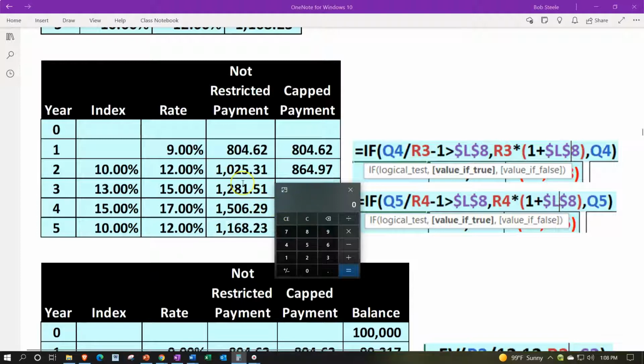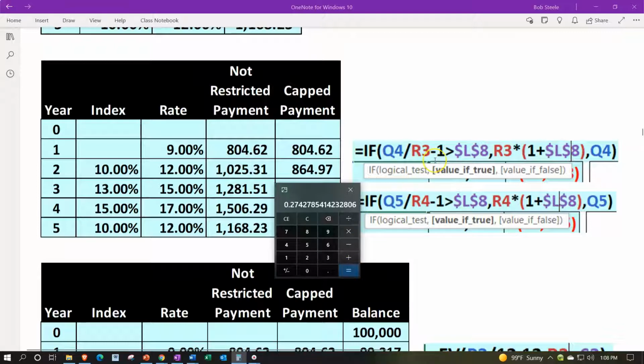So if we know what this is, we could say the 1025.31, which is basically Q4, divided by the 804.62, that would be the increase plus 100% minus the 1 or 100% would give us the percent increase, which would be 0.27 or 27%. So there's a 27% increase then.